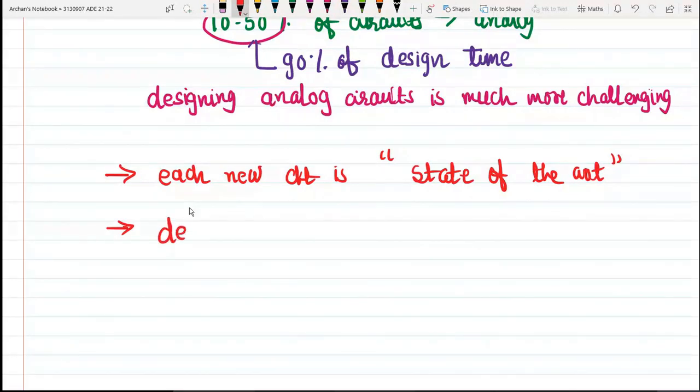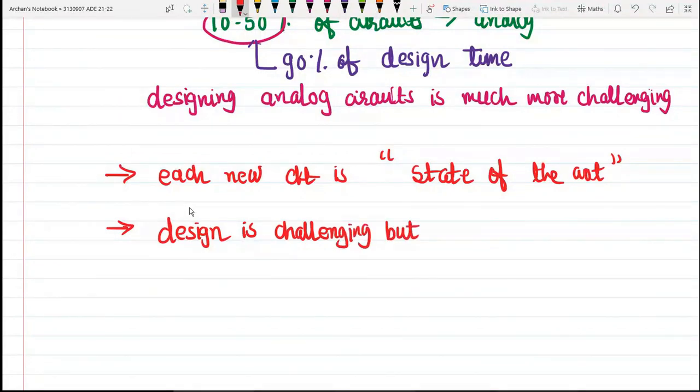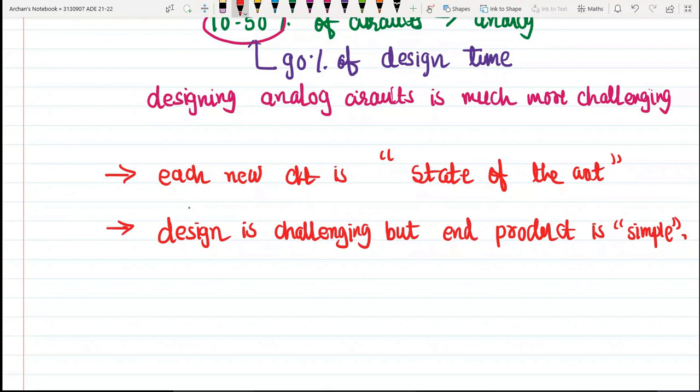Okay, so the design of an analog circuit is definitely challenging, but if we talk about the end product, then the end product will be very simple, right?